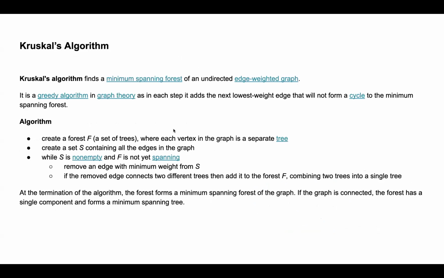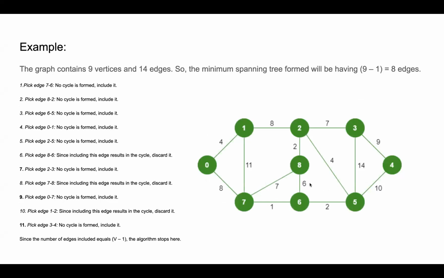While S is non-empty and F is not yet spanning, remove an edge with minimum weight from S. If any edge in that graph forms a cycle, we neglect it. If the removed edge connects two different trees, then add it to the forest F, combining two trees into a single tree. We can see what it is doing in this example.